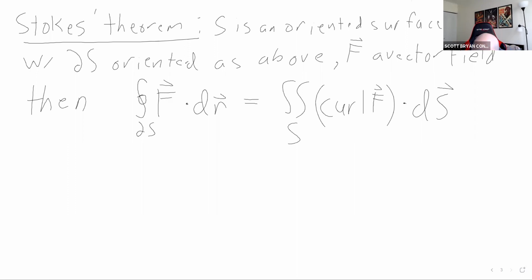So this is exactly like Green's theorem. Remember, in Green's theorem, we integrated the thing that we check to see if the vector field is conservative. We do the same here. We're integrating the curl of F, which, remember, is 0 if our vector field is conservative.